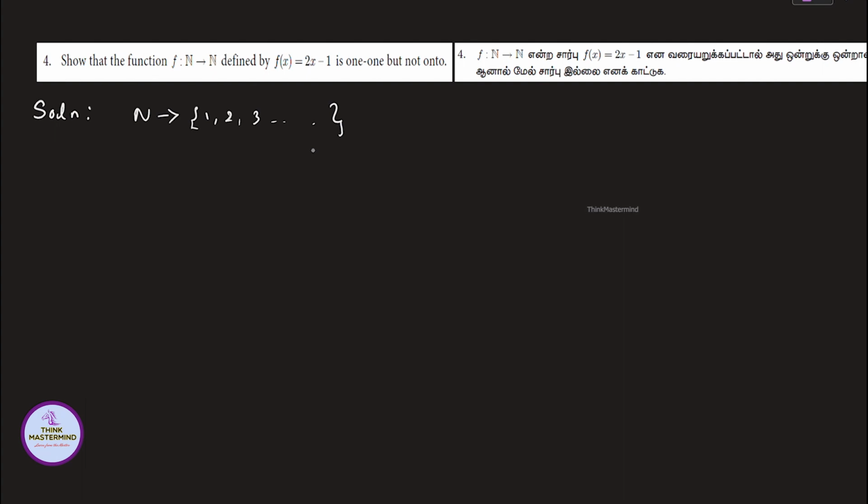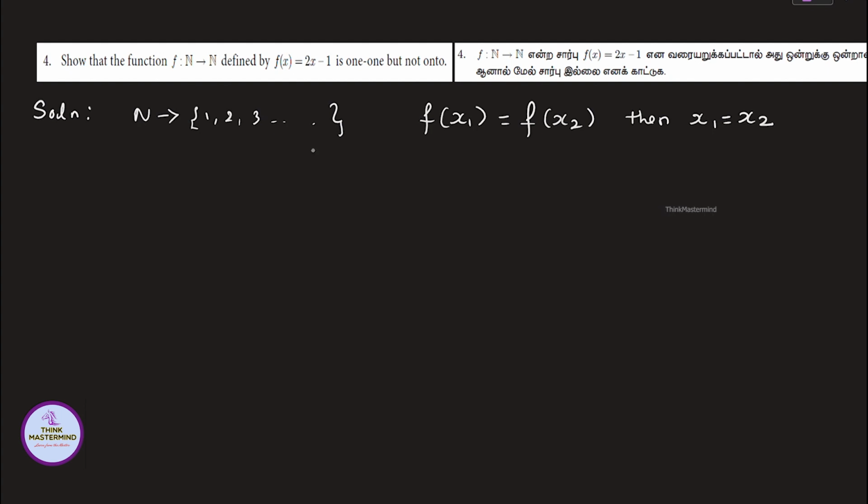For this, we cannot substitute each value and find using an arrow diagram or ordered pairs, because N is an infinite set. Therefore we use another method to find whether the function is 1 to 1. If f of x1 is equal to f of x2, that is, if the images are equal, then the corresponding pre-images will be equal.